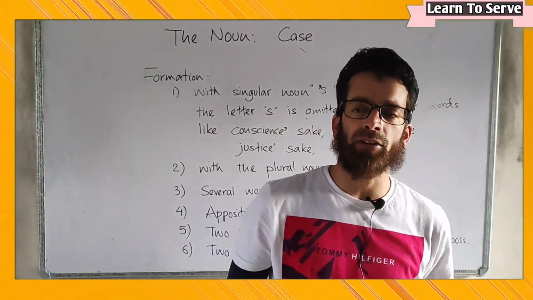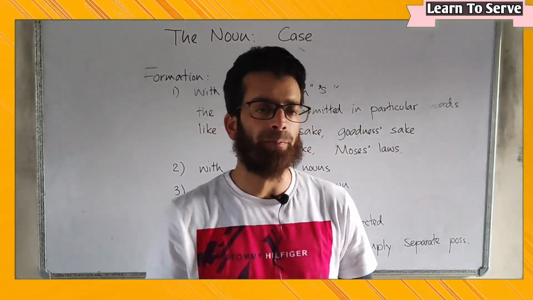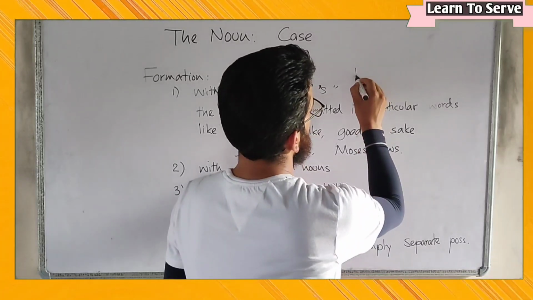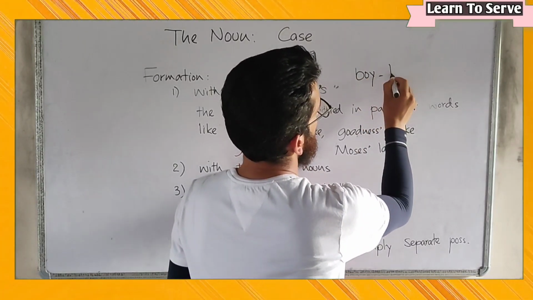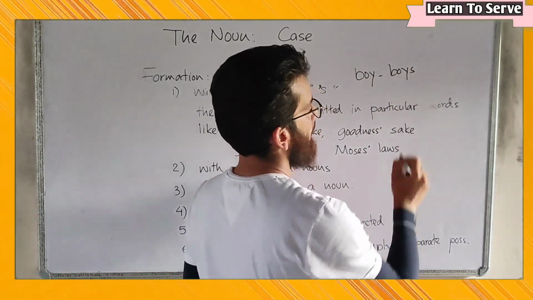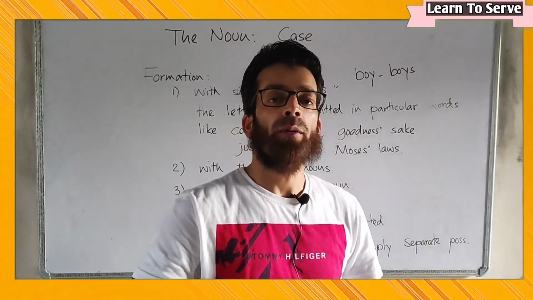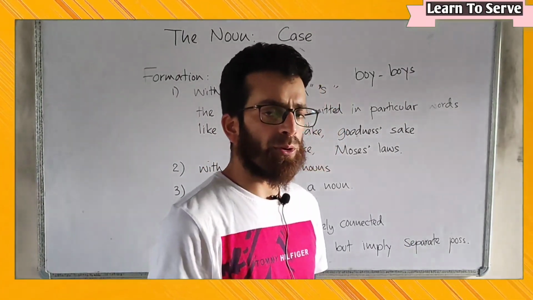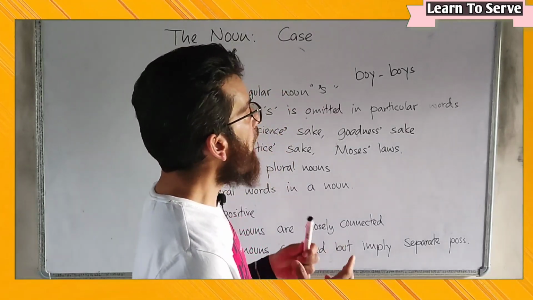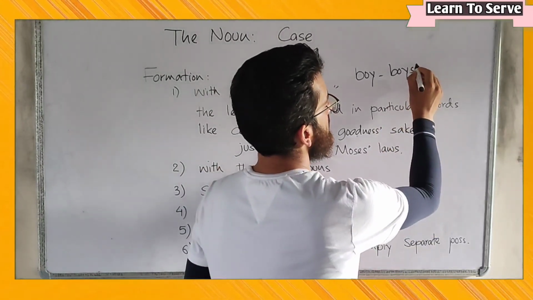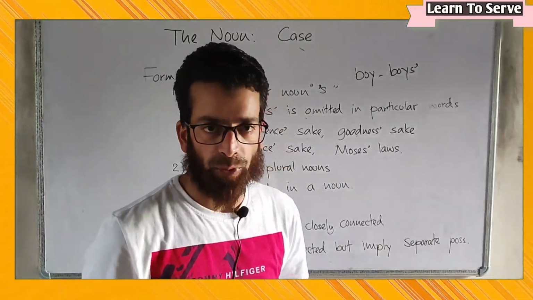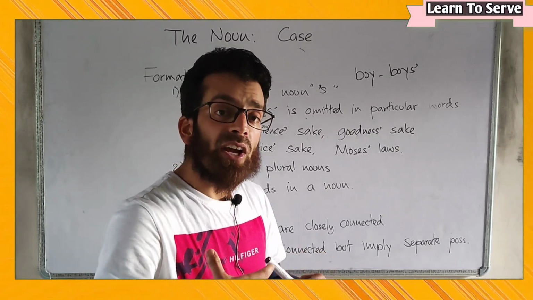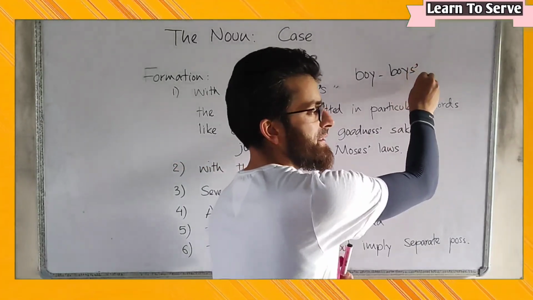So for example, generally if we have boy and boys, and you have to show possession, what do you need to do? Just put apostrophe with plurals which end with s.